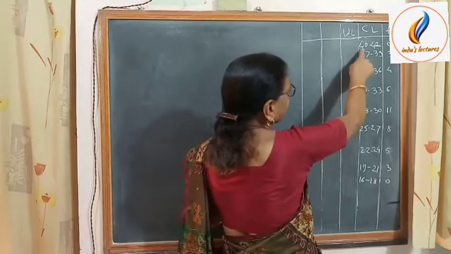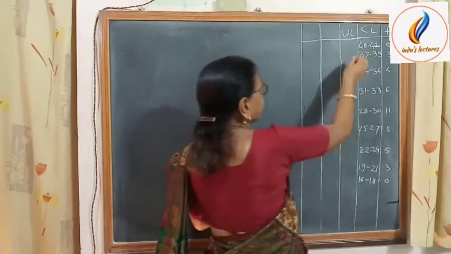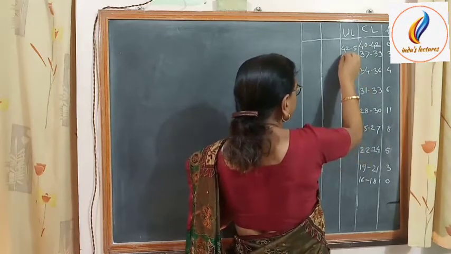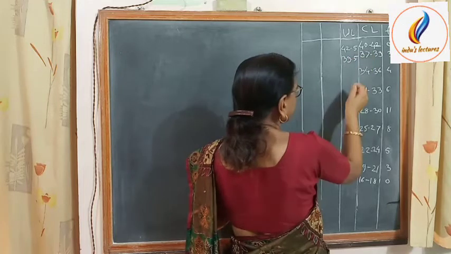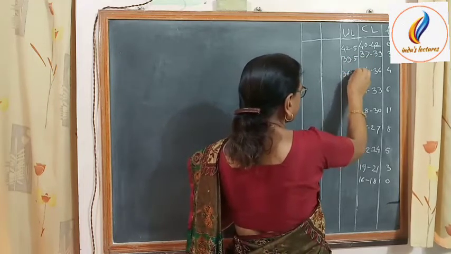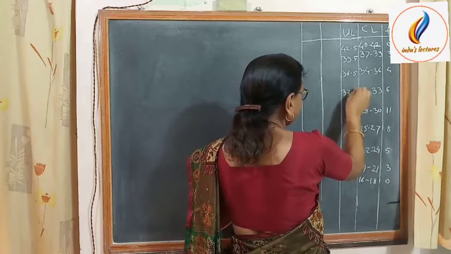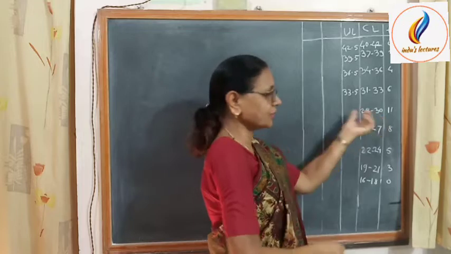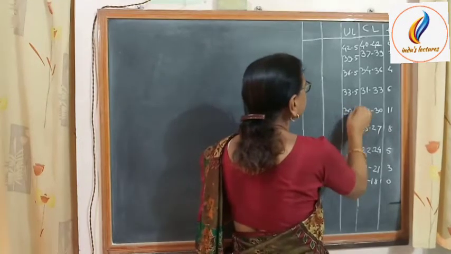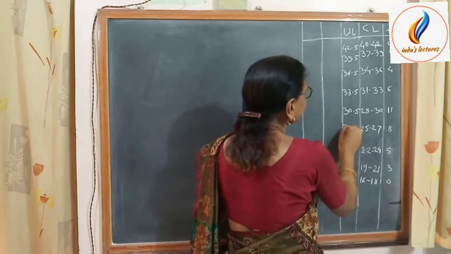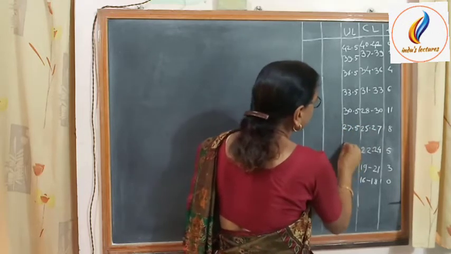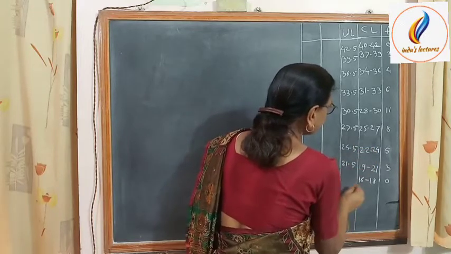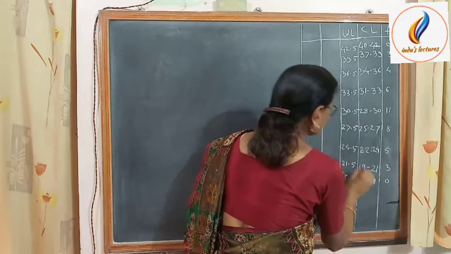The upper limit of the first class interval is 42.5, then 39.5, then 36.5, 33.5, then the upper limit of the class interval 28 to 30 is 30.5, then the next one is 27.5, 24.5, then 21.5 and 18.5.